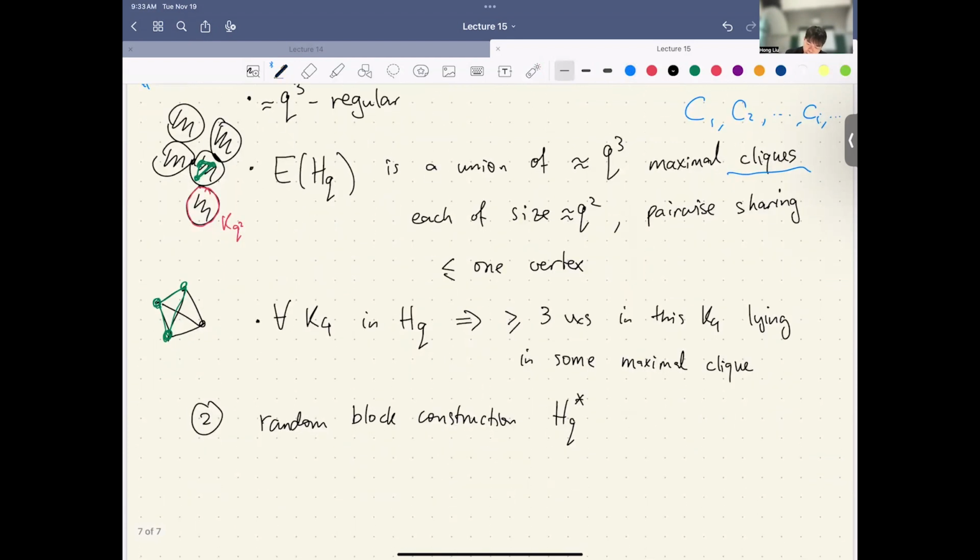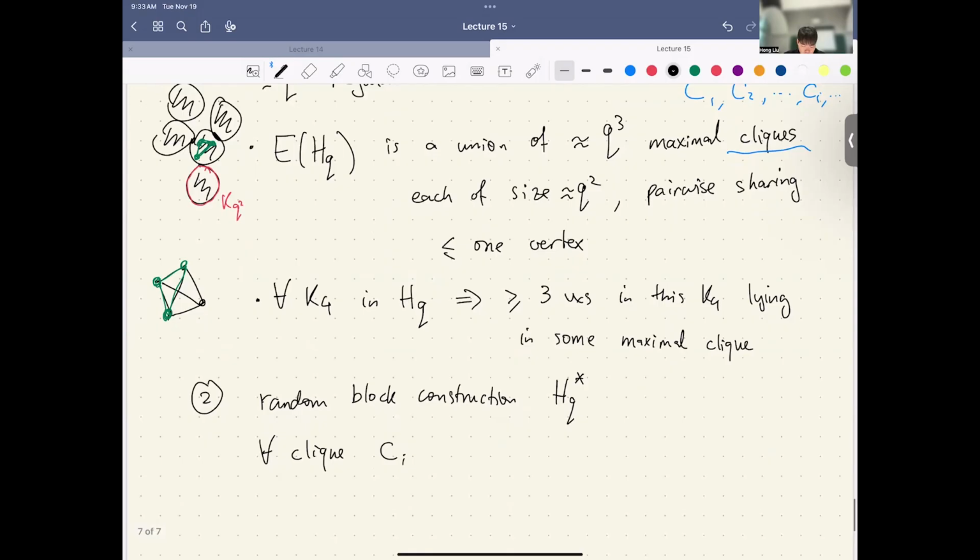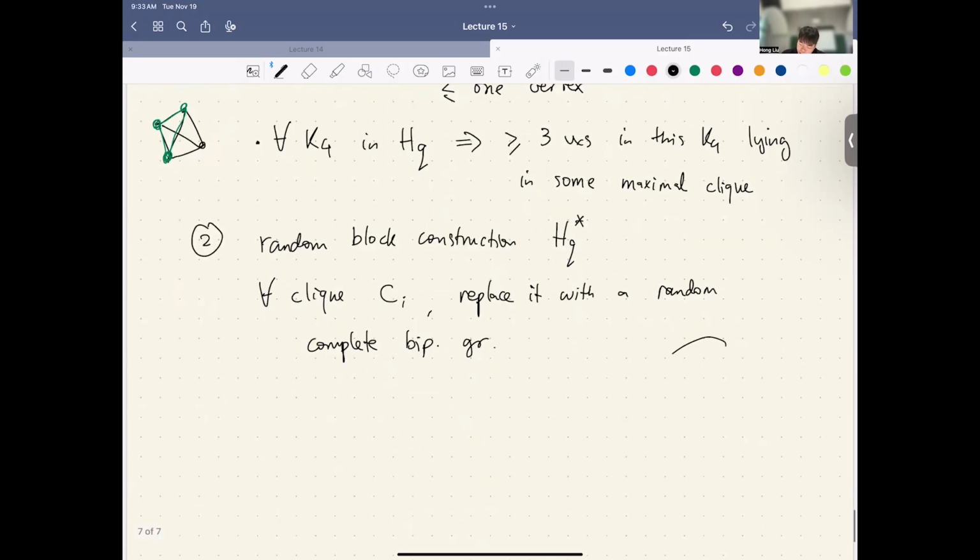So for every clique CI, we replace it with a random complete bipartite graph. What it means is that this is CI, okay?